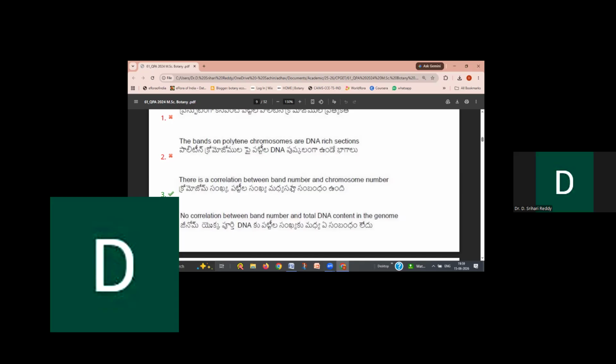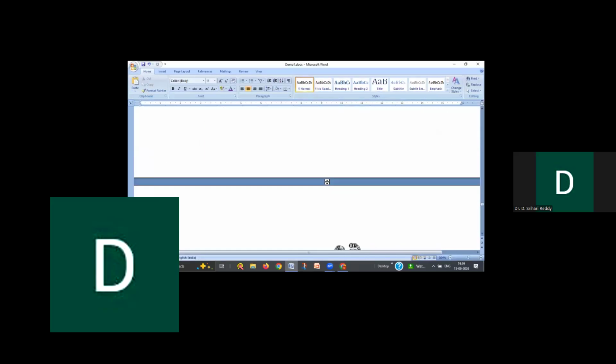There is no relation between the band number and the chromosome, and chromosome number varies from organism to organism. The fourth one says no correlation between band number and the total DNA content in the genome. So this is also a right statement. So the third one is the wrong statement with reference to polytene chromosomes.